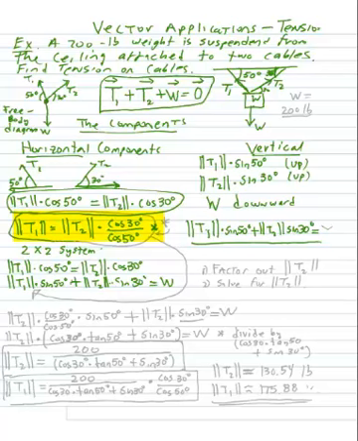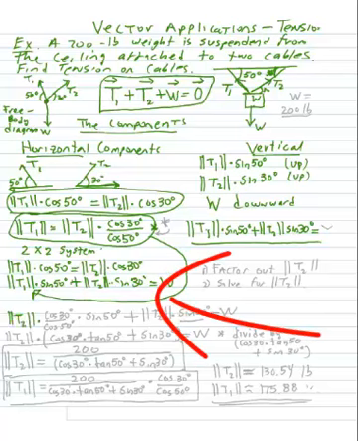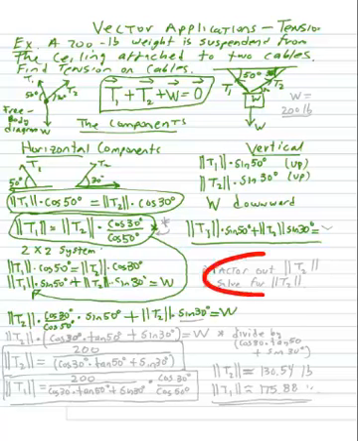Here's a variable that we are going to substitute into the second equation. Magnitude of T2 times the cosine of 30 degrees over the cosine of 50 degrees times the sine of 50 degrees plus the magnitude of T2 times the sine of 30 degrees is equal to W. Here we want to factor out the magnitude of T2, and the second step would be to solve for that magnitude T2.